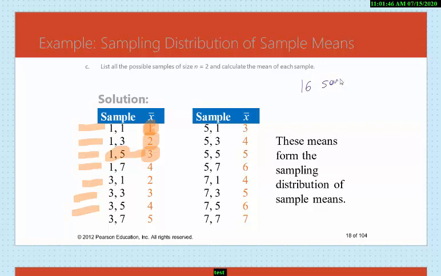Where did you find these 16 samples? Well, you have 4 values, 1, 3, 5, and 7, and out of these 4 values, you choose 2. So this is going to be 4 factorial divided by 2 factorial times 2 factorial. That is nothing else than 4 times 3 times 2 divided by 2 times 2. So you choose right here, 4 choose 2.